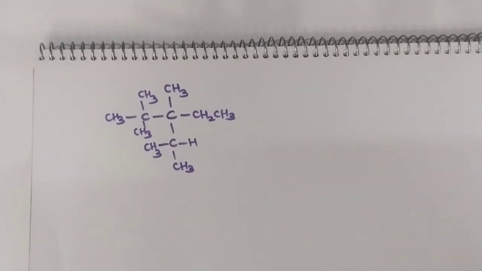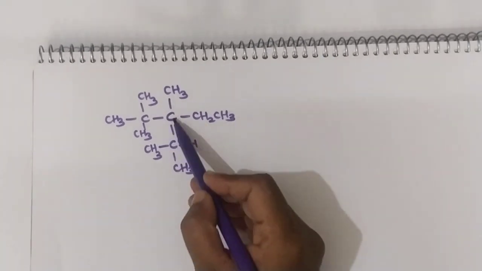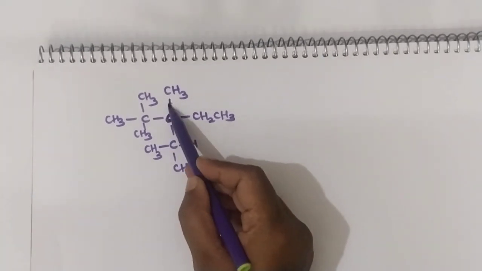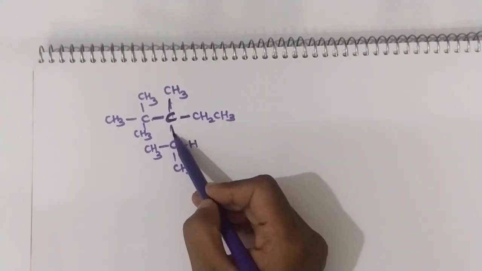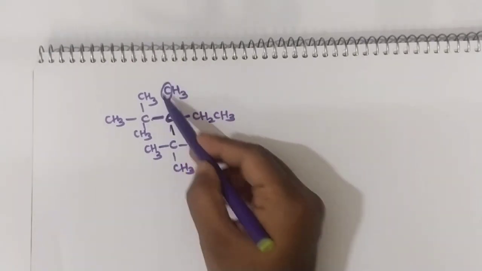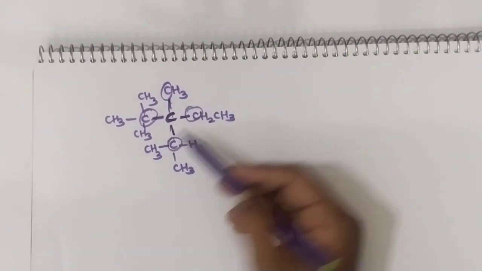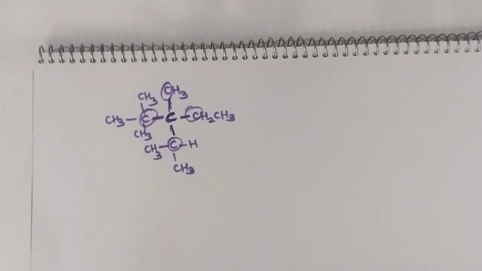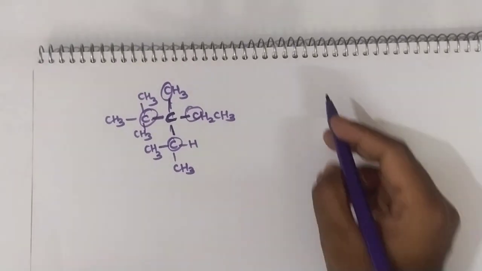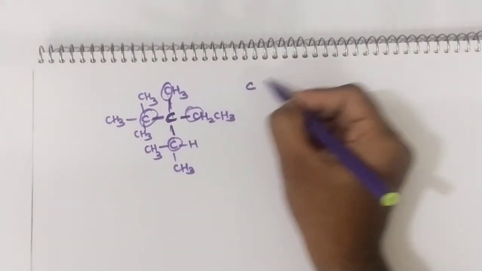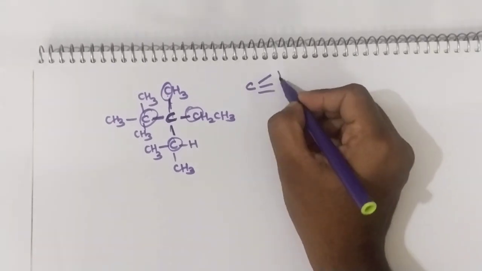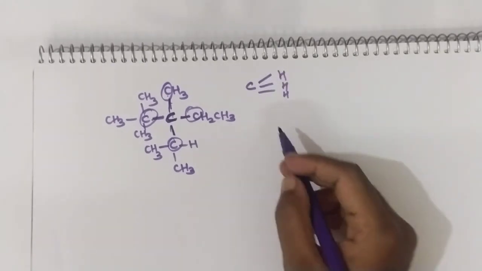Now, see this example. In this case, this carbon is attached to 4 groups. But all are attached to carbon atoms, right? All the 4 groups have carbon atoms directly attached to the central carbon atom. So all have the same atomic number. Atomic number is 6 in case of carbon. So how do you find out the R or S configuration here? See, this carbon is attached to 3 hydrogens.